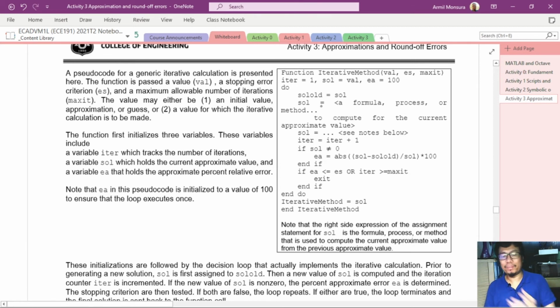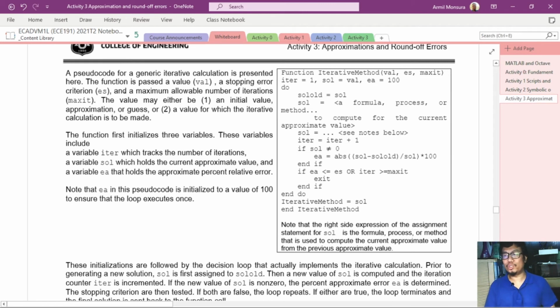Of course, every iterative algorithm requires special cases or something in them that separates them from others. But in general, some of the ideas that you can get from this pseudocode can be applied to almost all of the iterative algorithms that we will be implementing in the future.